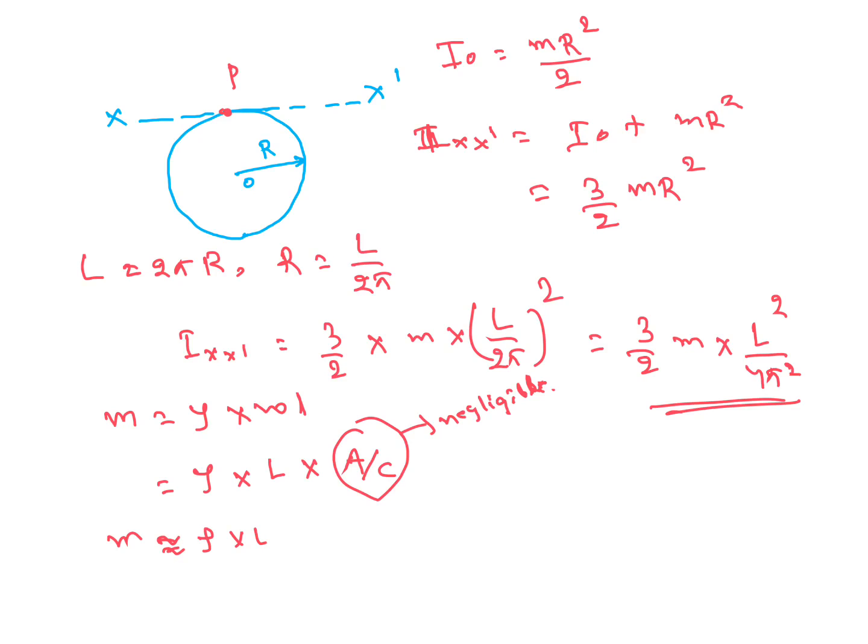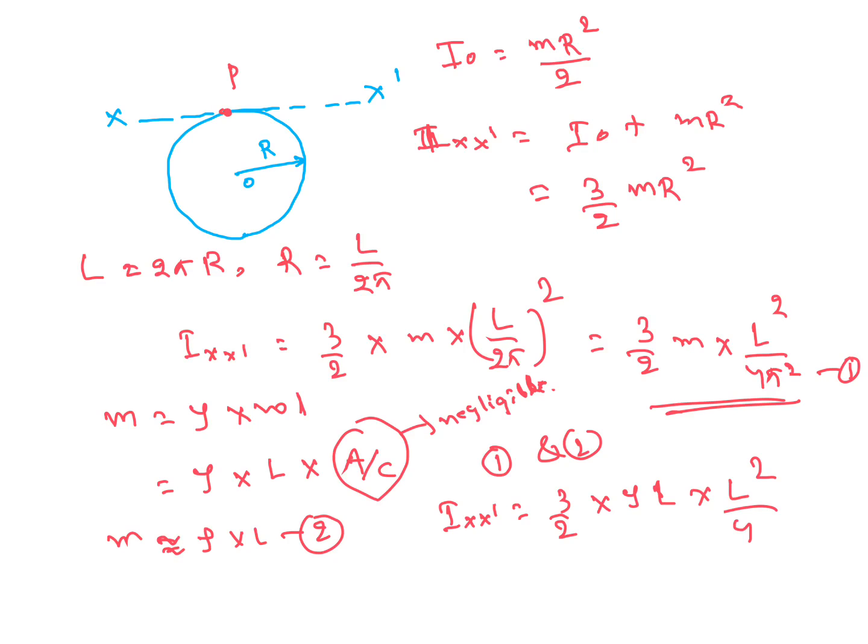Let it be equation 1, equation 2. From 1 and 2 we'll get Ixx dash is, put the value of m, 3 by 2 into rho into L into L square by 4 pi square. It will come 3 rho L cube by 8 pi square.